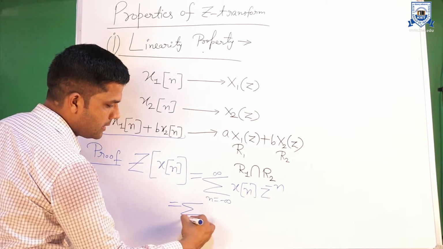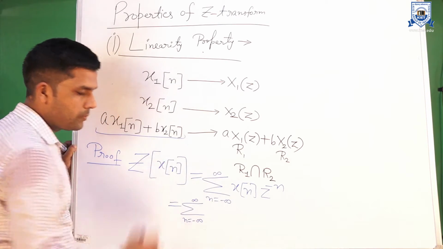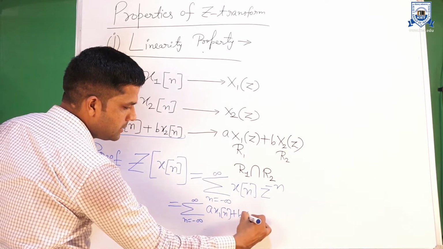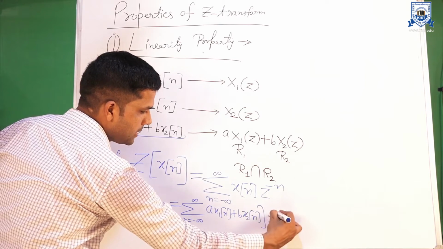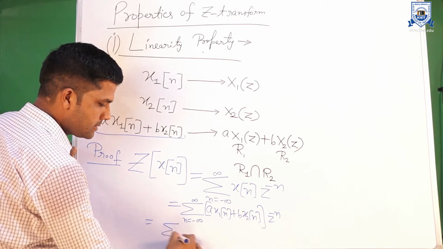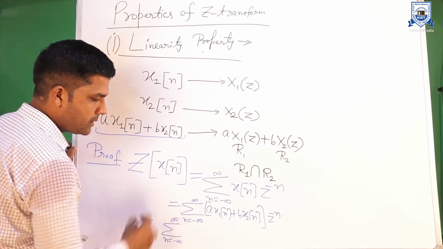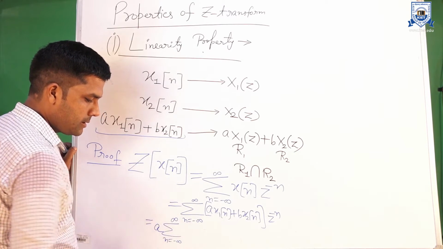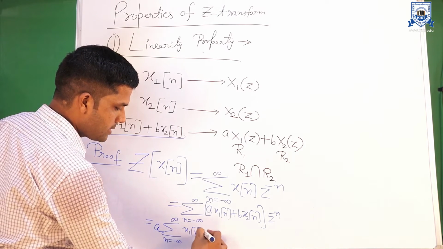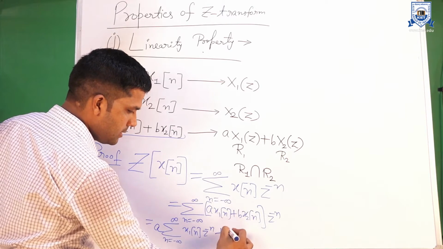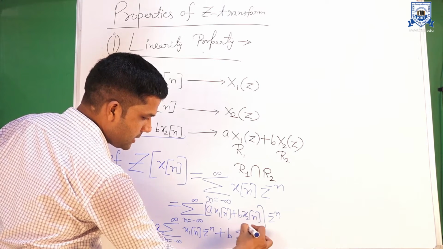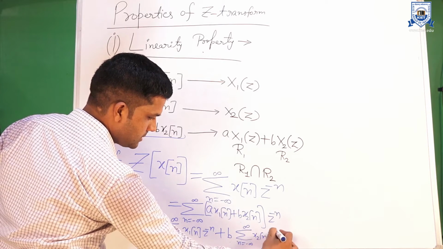So we can write the summation from n equals minus infinity to plus infinity of a x1(n) plus b x2(n) into z to the power minus n. Now we can segregate these sequences. a is common, so it can be taken outside, the summation of x1(n) into z to the power minus n, plus b taken outside the summation of x2(n) into z to the power minus n.